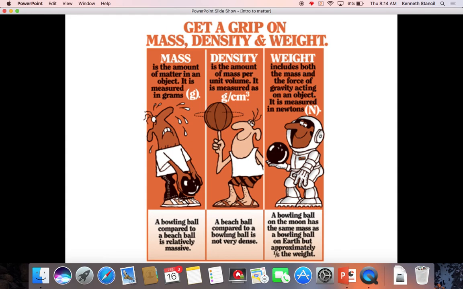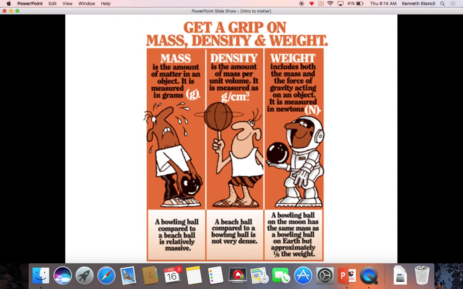Weight includes both the mass and the force of gravity acting on an object. It is measured in newtons. A bowling ball on the moon has the same mass as a bowling ball on Earth, but approximately 1/6 of the weight. That is the second time we've heard the difference in gravitational forces on Earth versus the moon, right?